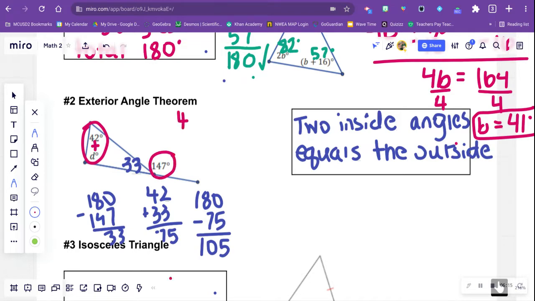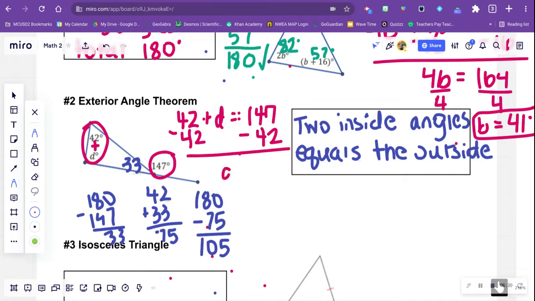So I could do 42 plus D equals 147, and then subtract 42 from both sides, and that'll give me the same answer of 105.